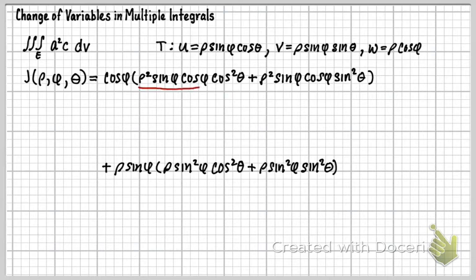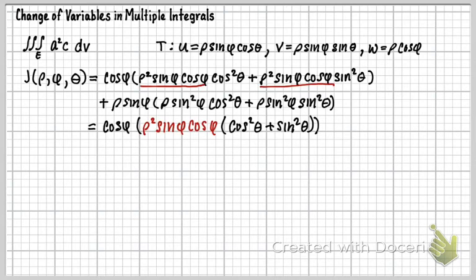So notice that this has a rho squared sine phi cos phi, and this has a rho squared sine phi cos phi. And I'm just going to factor that out of both of those. And there we go. And notice that from that piece there, cosine squared theta plus sine squared theta equals 1.